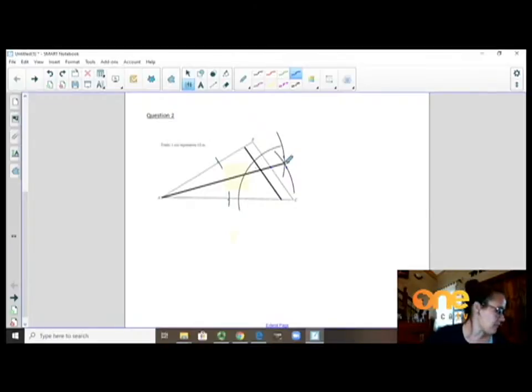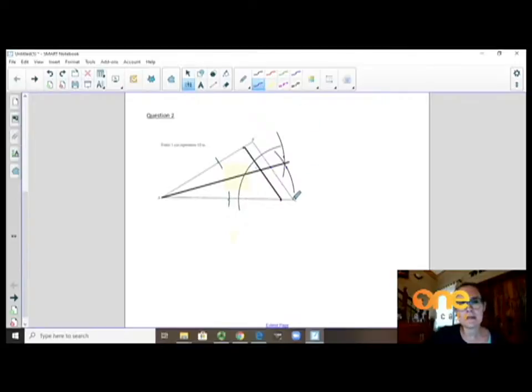10 meters from BC, which means here is BC. 10 meters is represented by 1 centimeter. So 1 centimeter rule, 1 centimeter line, that is this line, that is 1 centimeter from line BC. And then we have 50 meters from C, that is 5 centimeters.